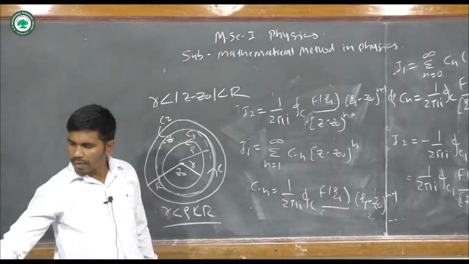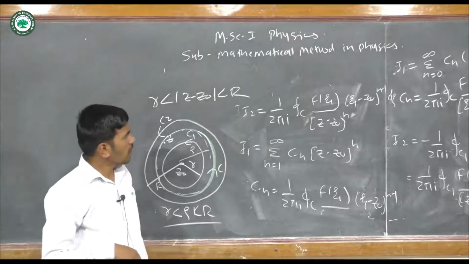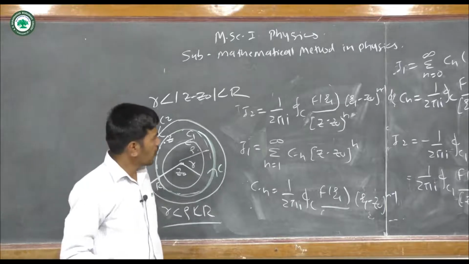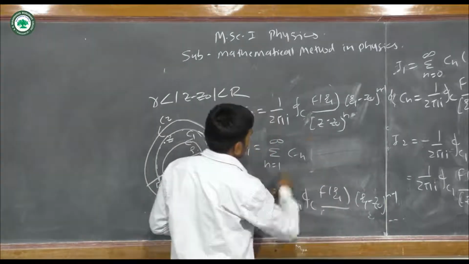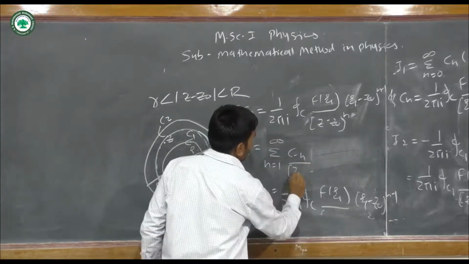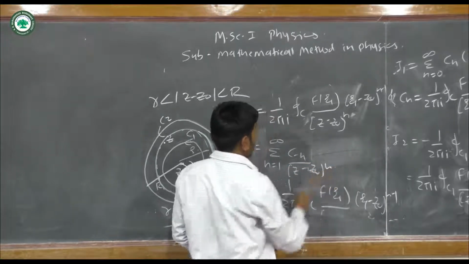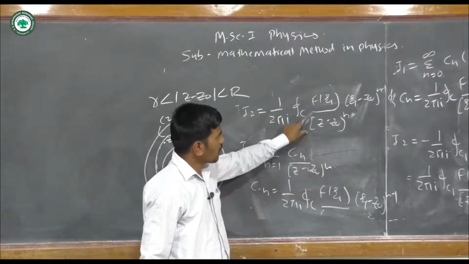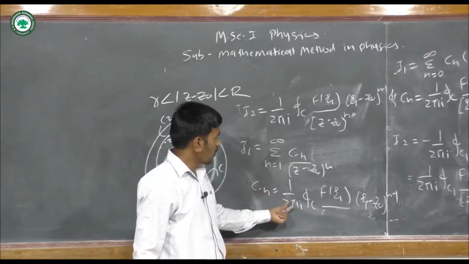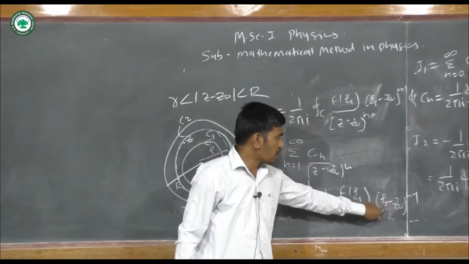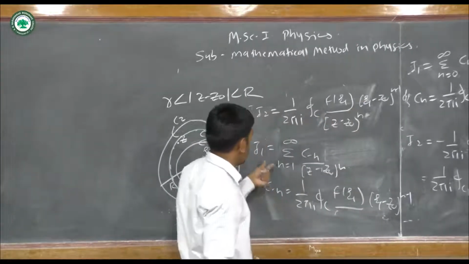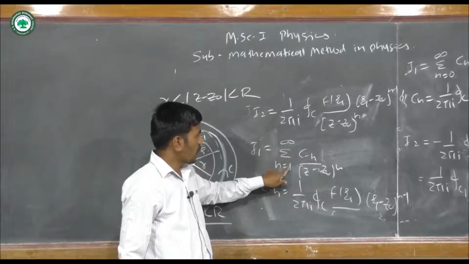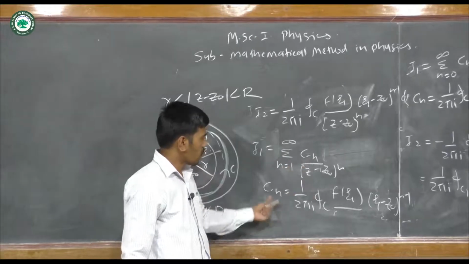Okay, here is a mistake. This is divided by z minus z naught. Okay, so this is right now. So c minus n is equal to 1 by 2 pi i, integral over C of f of psi divided by (psi minus z naught). This is c_n. So this series I1 is equal to summation over n is equal to 1 to infinity of c minus n. Okay, so this is the characteristic coefficient.